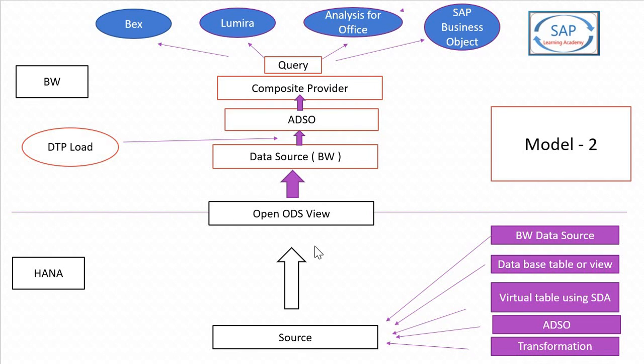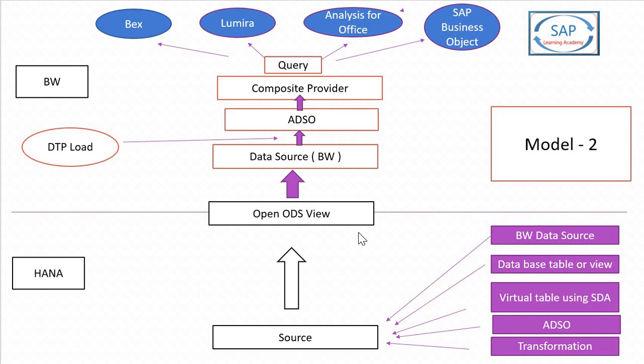And what is the source of the OpenODS view? We can see there are multiple sources like an SAP BW data source, a database table or view, a virtual table using smart data access, an ADSO, or a transformation. All these different sources can be consumed into the OpenODS view.